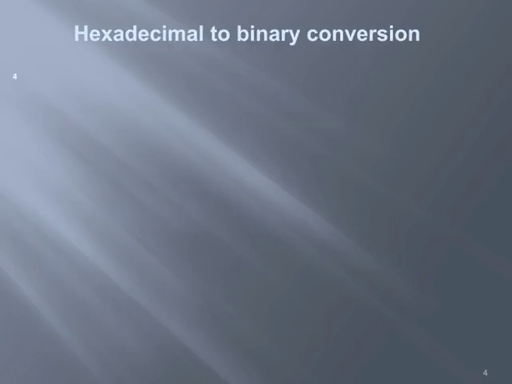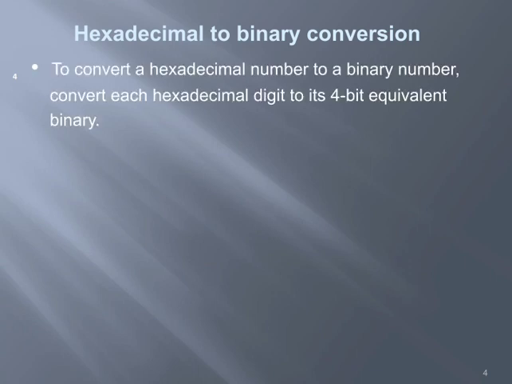Next we will see the conversion of hexadecimal number to binary number, how to convert the given hexadecimal number into its equivalent binary number. In order to convert the hexadecimal number into a binary number, you need to replace each hexadecimal digit with its equivalent binary. You need to convert the given hexadecimal digit to its 4-bit binary equivalent.